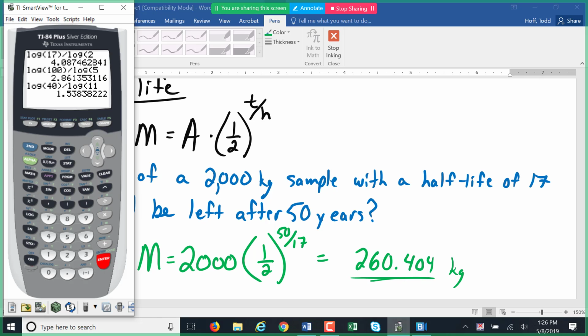Let's double check. So 2,000 times, I put my 1/2 in parentheses just to be safe, to the power of, and now I'm going to put my exponent in parentheses since I have to do a division there. 50 divided by 17, close my parentheses. And it's absolutely correct, 260.404.